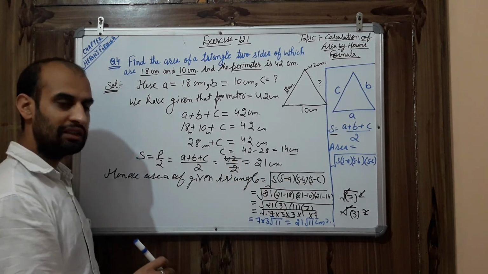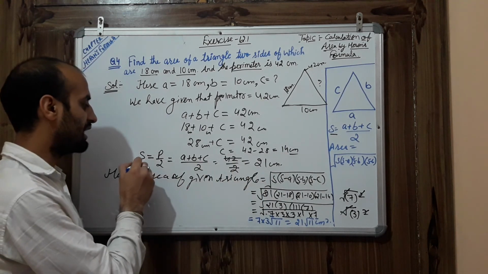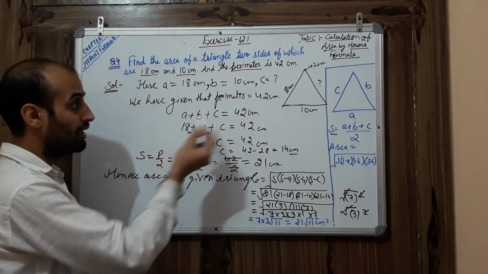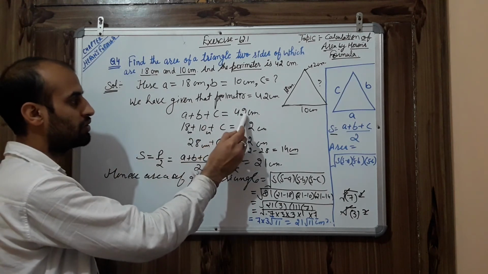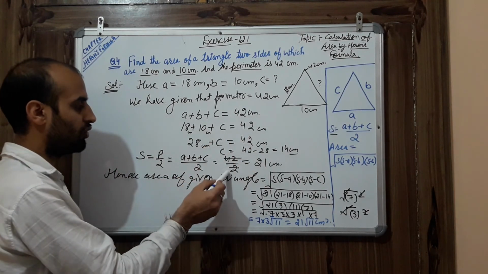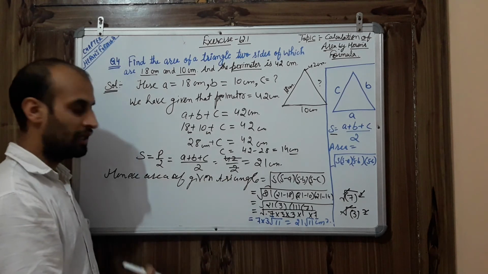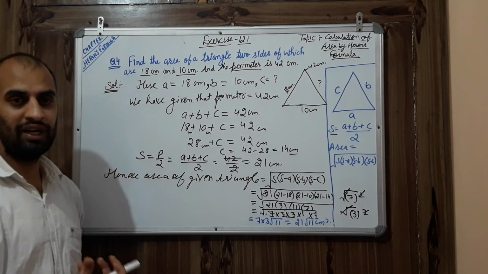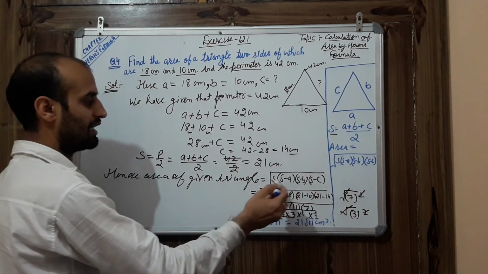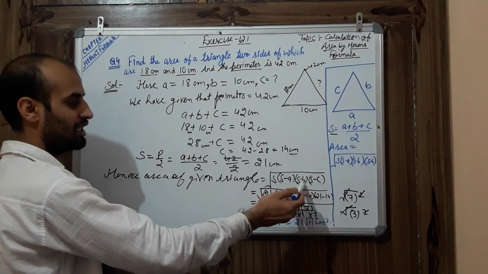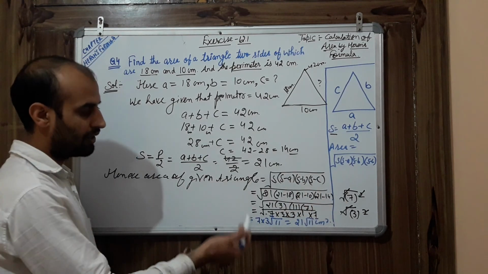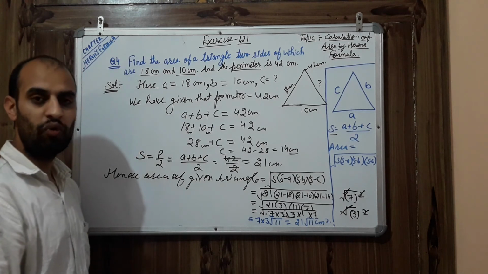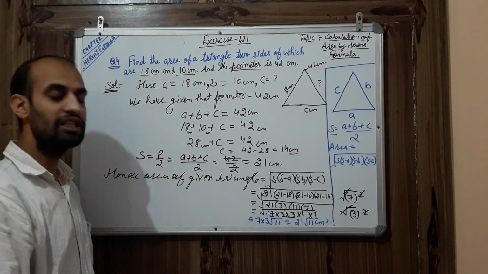After finding the third side, our next task is to calculate S, that is semi-perimeter. It is half of the perimeter. The perimeter is 42. So divide 42 by 2. 21 is your answer. So next task is how to find the area. So substitute in this formula, that is S minus A, S minus B and S minus C. After calculation you will come to know the answer is 21 under root 11 centimeter square.